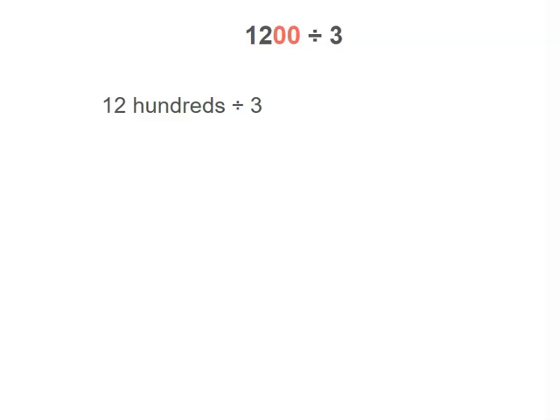If I've got 12 hundreds to share among 3, they can have 4 hundreds each. 12 divided by 3 equals 4, so 12 hundreds divided by 3 equals 4 hundreds. So 1,200 divided by 3 equals 400. So all we've done is renamed and thought of our number a little differently, and that can help us break it down into something that feels a little more manageable.